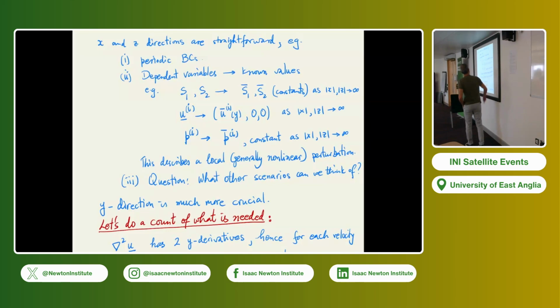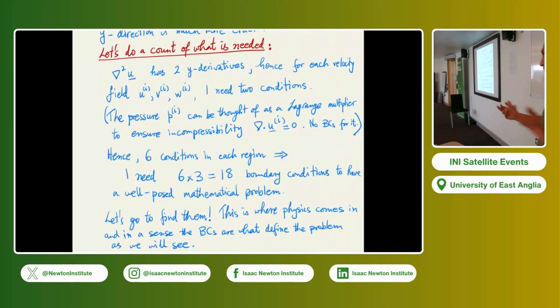So the question is, what boundary conditions do we need before we can close this problem and look for solutions? So let's see what happens. Each of these Navier-Stokes equations, and there are 3 scalar ones in each region, they have second derivatives, right? They have Laplacians.